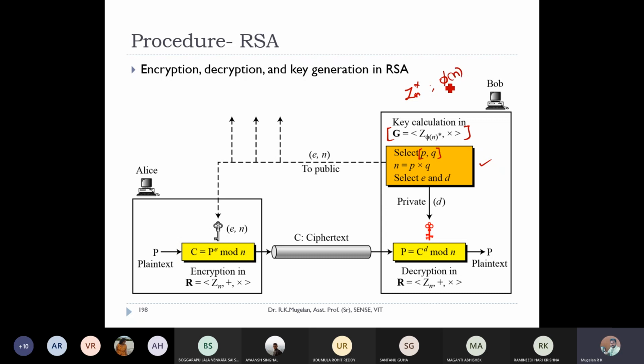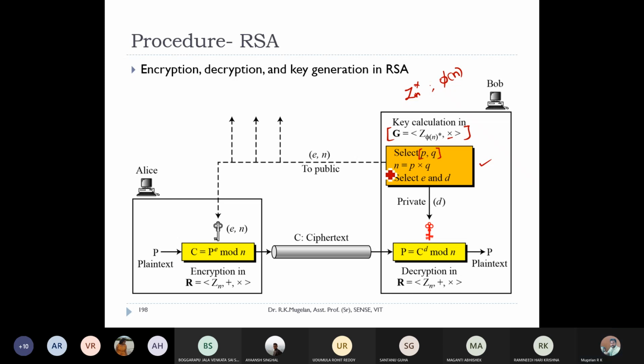I hope everyone remembers the phi function. Z phi of n star is the group under multiplication as the operation, once you find the phi of n value. You have to choose P and Q in such a way that they belong to that particular group. From the examination point of view, don't worry, we will provide you the values of P and Q. Anything you want to choose will be chosen by us.